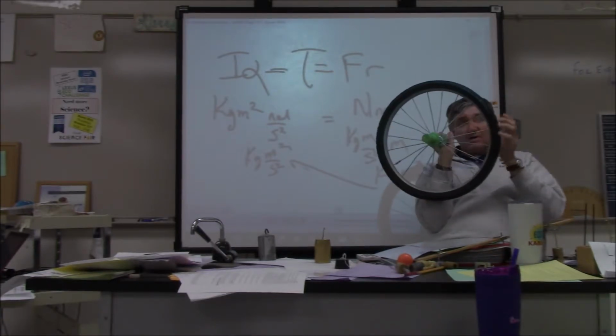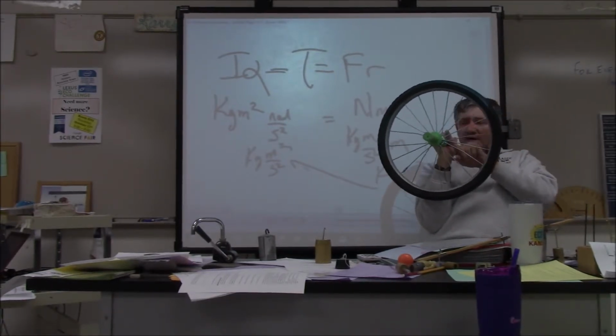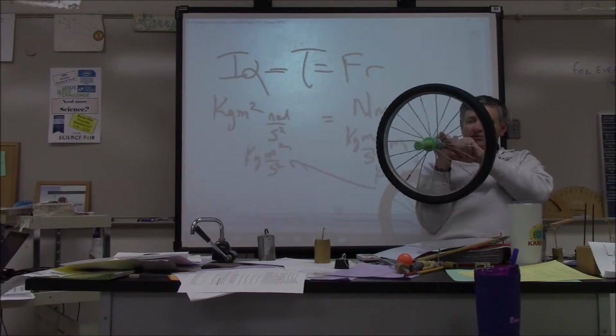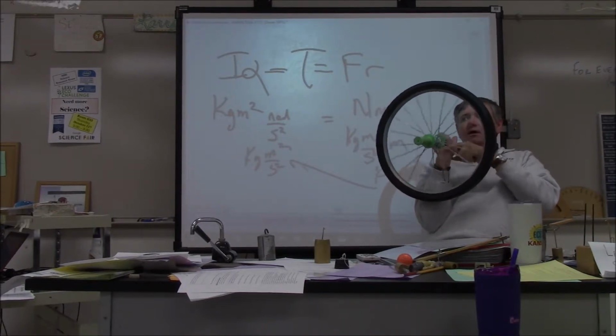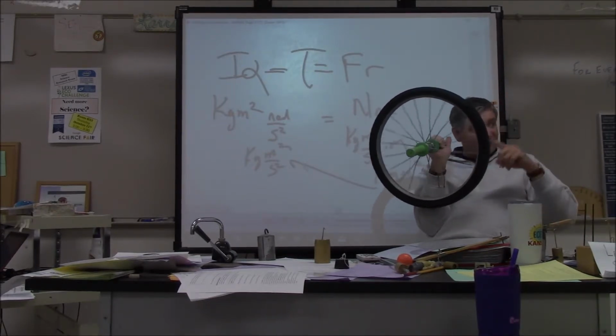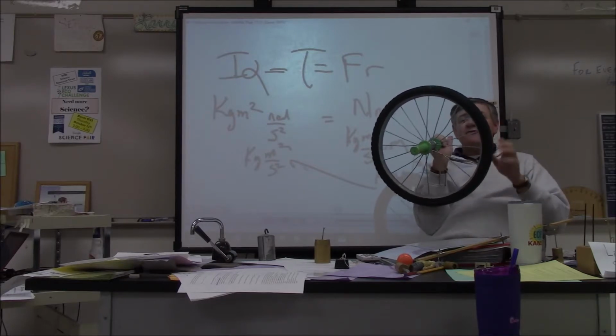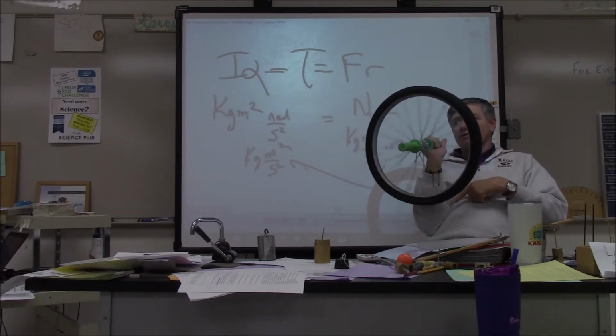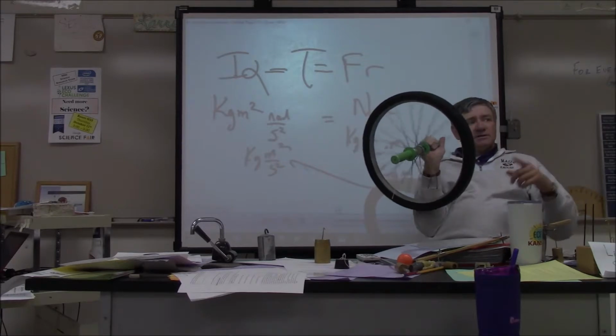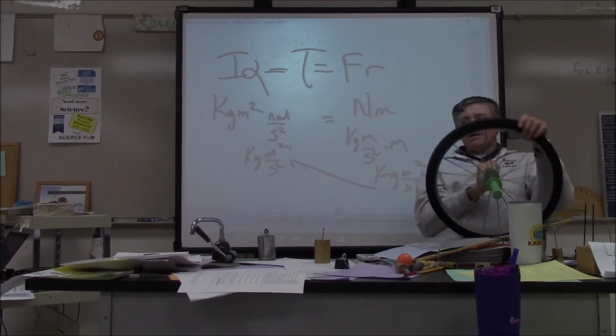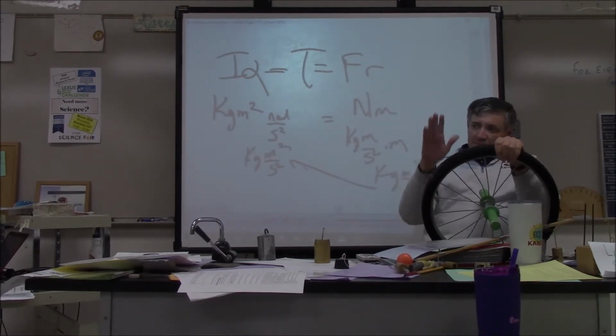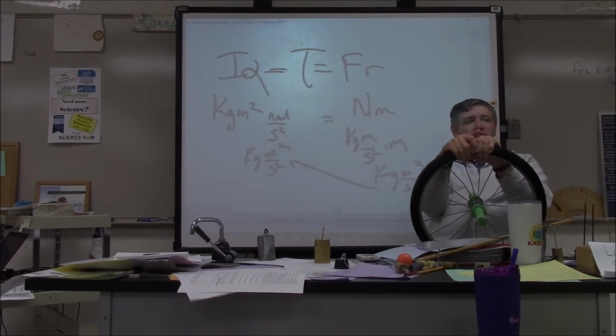So here's what you want to look at, and this is why this works. If I take my finger and apply a force right here towards the center, I get a certain amount of alpha. If I apply that same force out here on the edge, I get a much bigger alpha. Why do I get a bigger alpha by applying the force out on the edge?